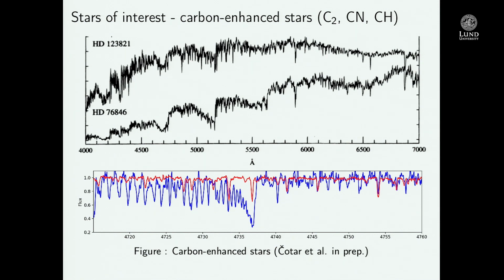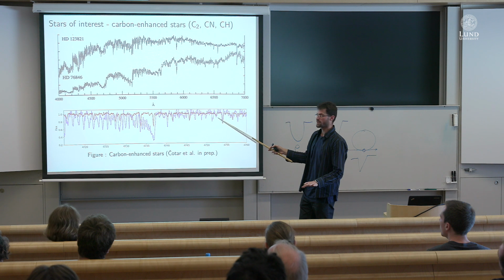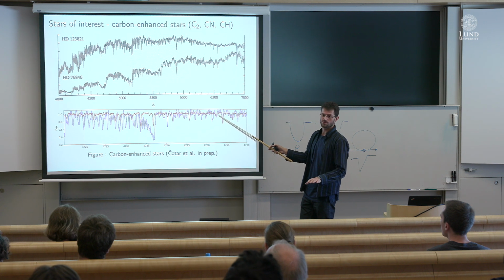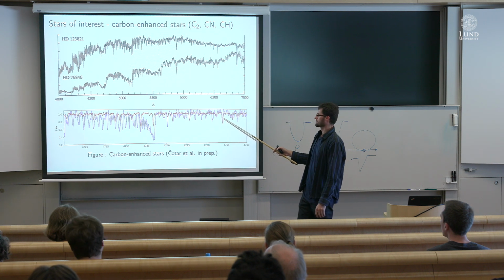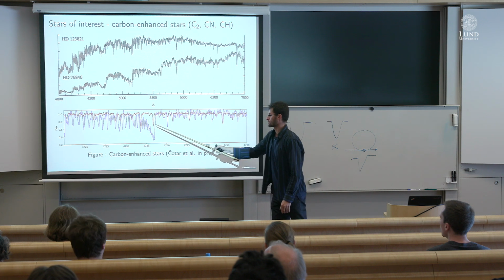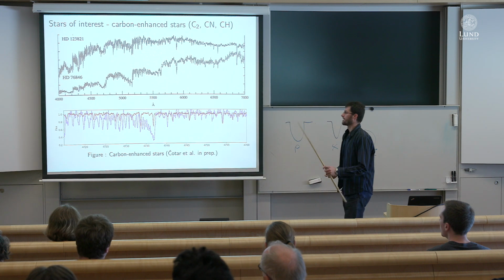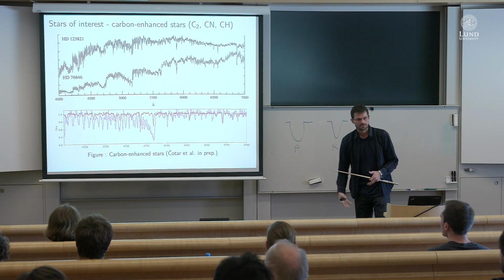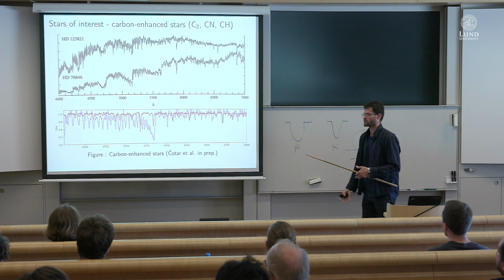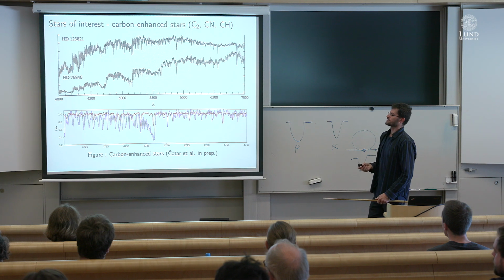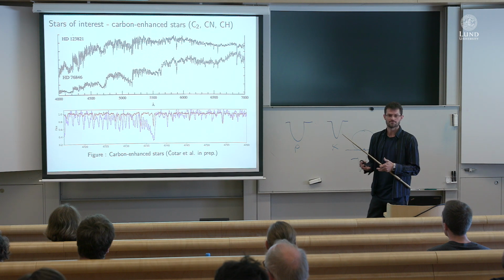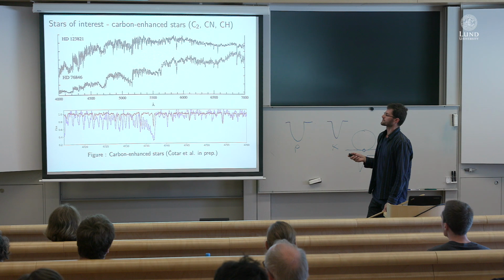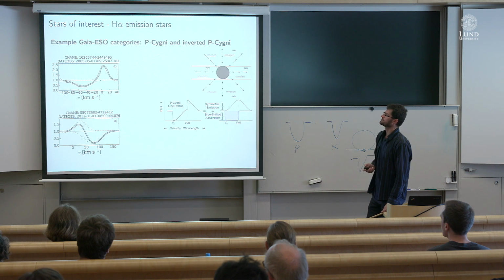And this is an example of a Galah spectrum, where actually all the parameters of these two stars are the same, except that one is carbon enhanced. So you see a lot more features and absorption lines due to that. And the question here is whether this carbon comes from the interior of the star, whether it's somehow dredged up, or whether the star has been polluted by the environment around it. So it's an interesting study to do.